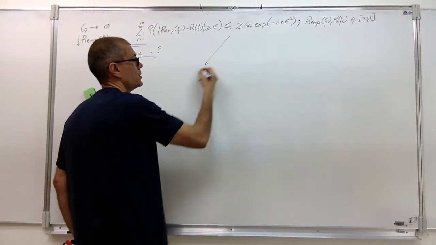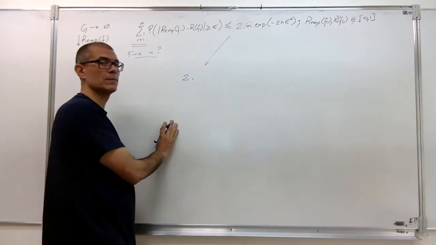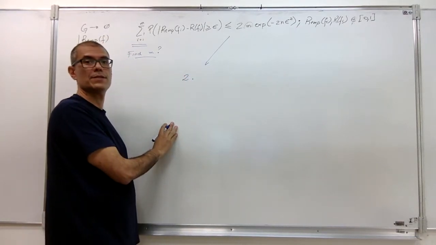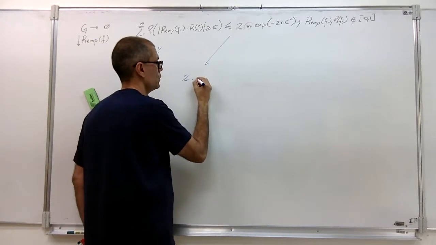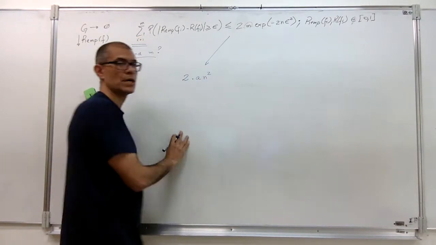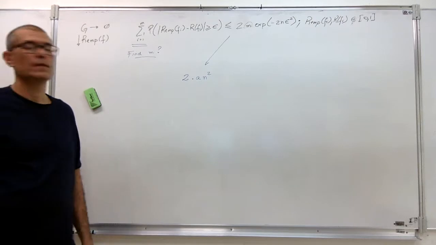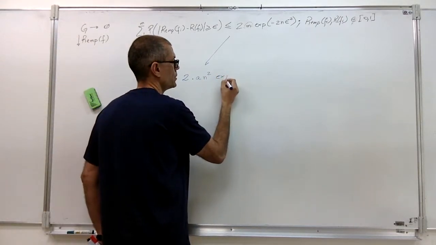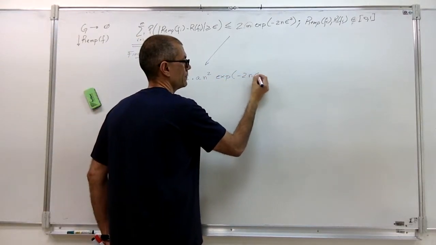So with that estimation, we have 2 times m, and what's our m in this situation? It's something like 2a times n to the square times the exponential value of this guy.